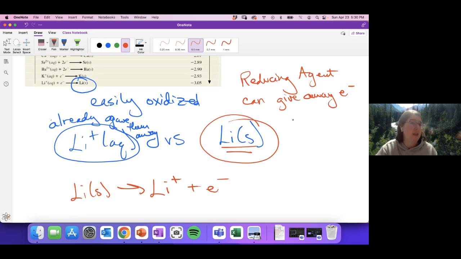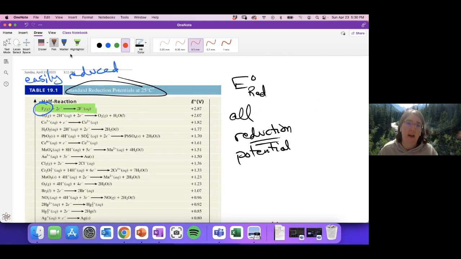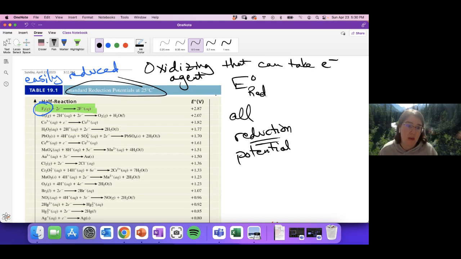Same thing with the oxidizing agent, but reversed. If I want an oxidizing agent, then I want something that can take electrons. So in that case, if I want things that can take electrons, I want stuff over here. I want things that are on the left-hand side of this reduction potential table that have the ability to take more electrons.